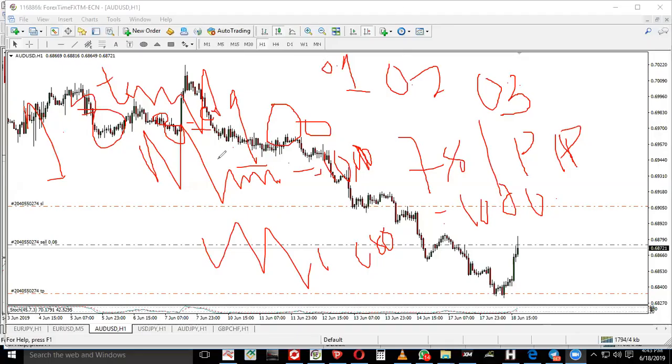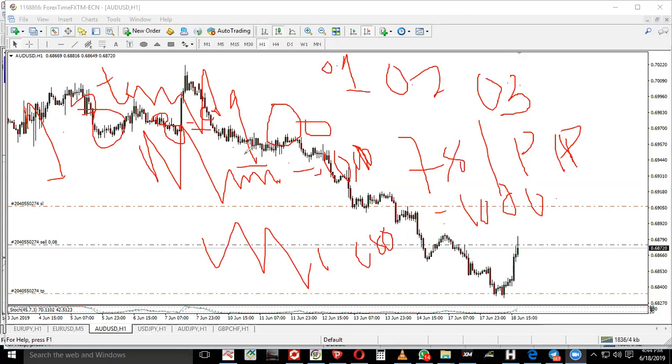And guys, I did say that a standard lot size means that for every pip, you would be losing or gaining $10. A mini lot size, which is from 0.1 down to 0.9, means you are gaining or losing $1 for every pip.